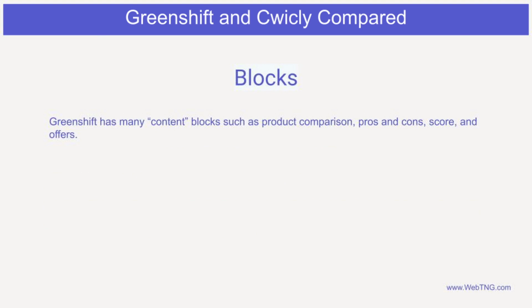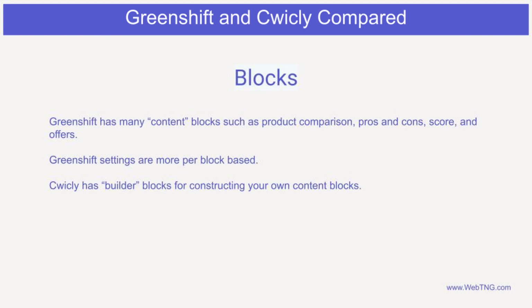Speaking of blocks, Greenshift has many what I'll call content blocks, such as product comparison, pros and cons, scores, offers, things like this that are already put together for a particular use. Greenshift block settings are a little more ad hoc and they vary by block. Cwicly has more what I'll call builder blocks, that is, components that you can put together to create your own content blocks.